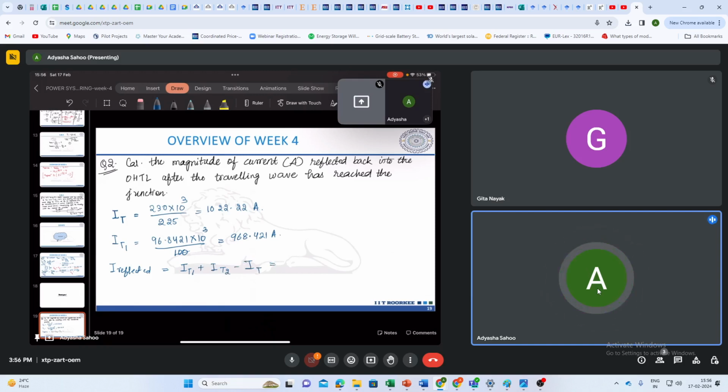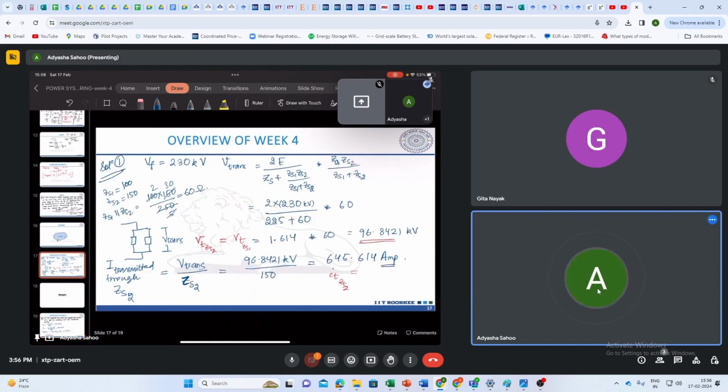Through branch 1 we calculated 968.421. Branch 2 we had calculated previously, it was 645.614.